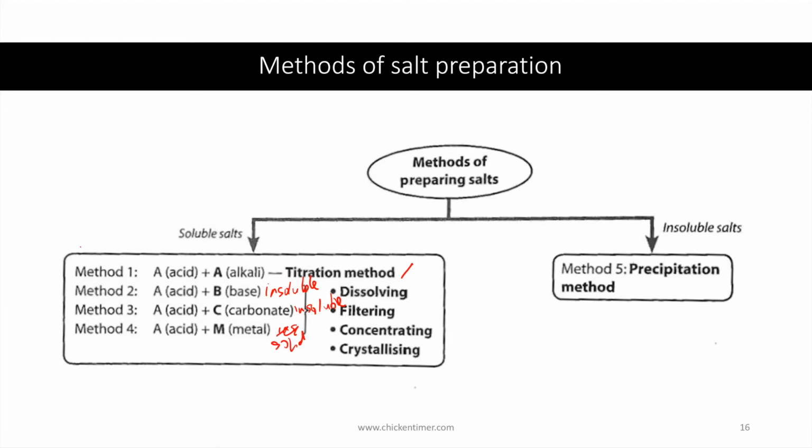Methods 1 to 4 are used to prepare soluble salts, and method 5 is for insoluble salts. Then the steps you recalled just now are all here: dissolving, filtering, concentrating, and crystallizing.